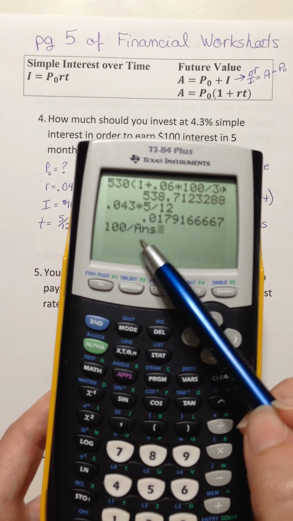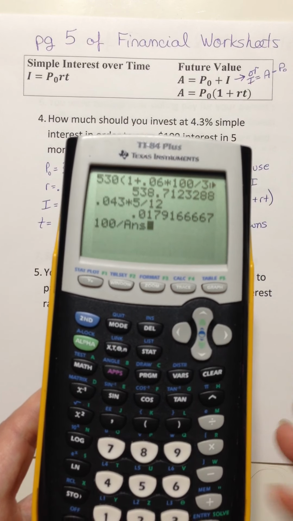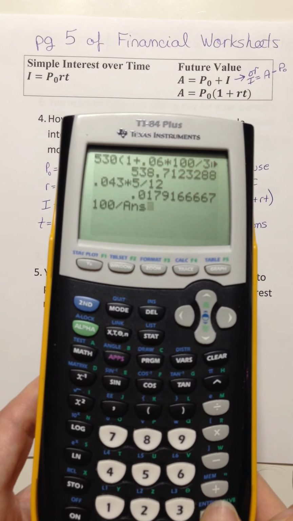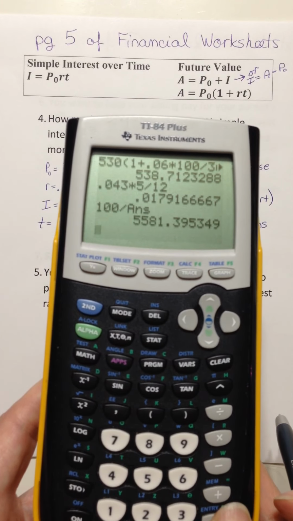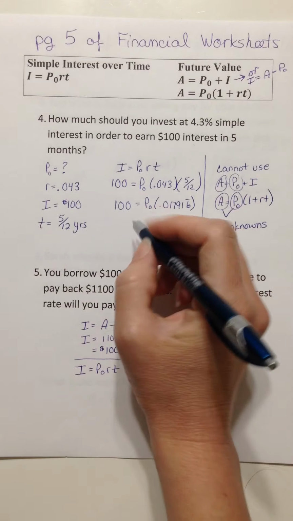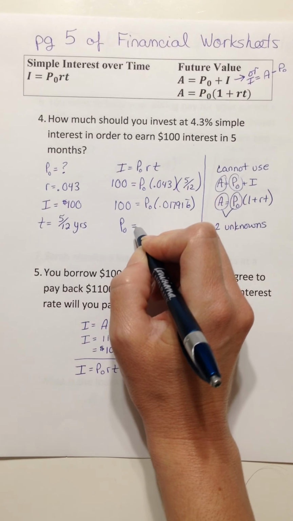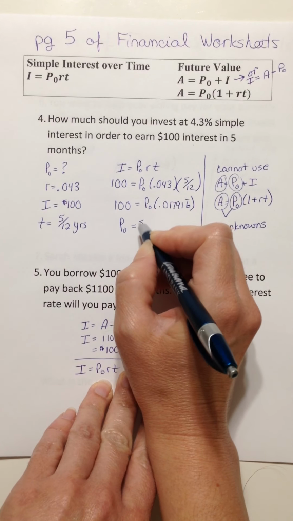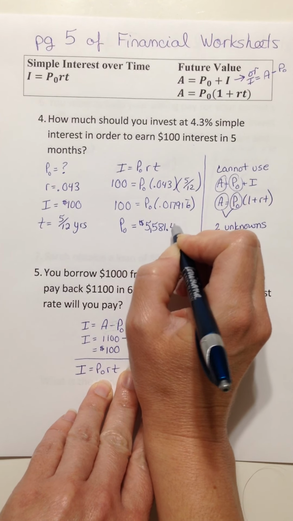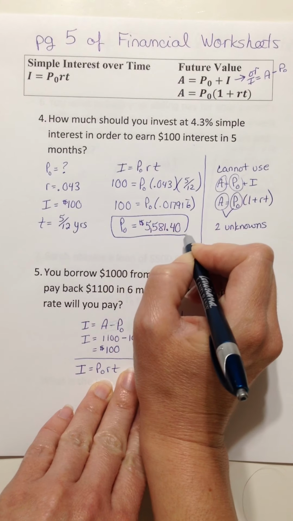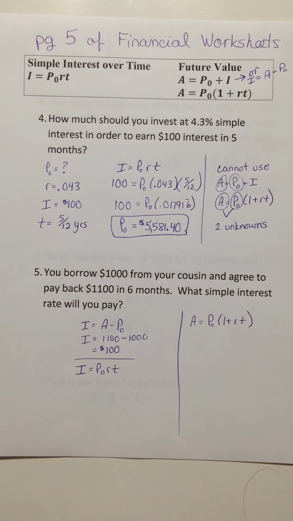Some of the older calculators won't let you go back and highlight that. If it doesn't let you highlight, go back up, then do 100 divided by answer. So your principal will be 5,581.40. So again, do not round until the very end.